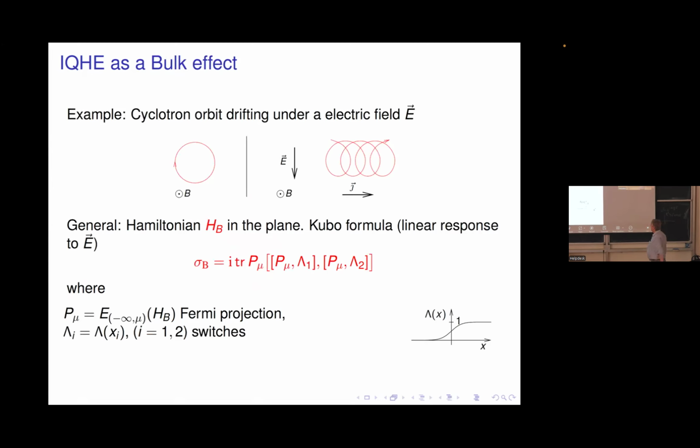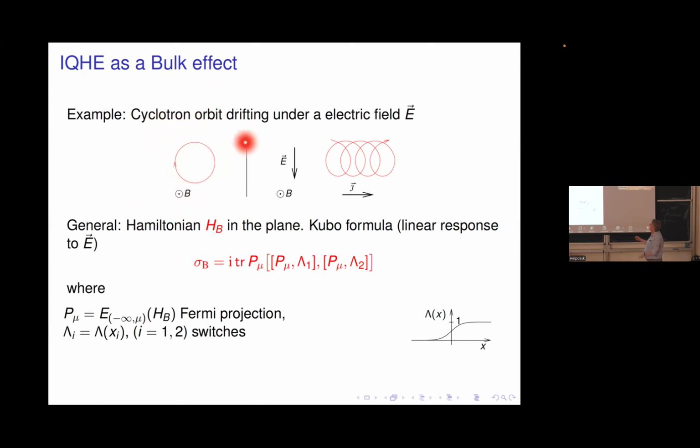And the next topic would be, so the thing has been defined, then we may wonder how and whether we can relate it to the bulk. So we also necessitate at first the definition, but let me first remind you what it was in intuitive terms. If you have no electric field, then at least in some model, electrons classically run on a circle and they don't move on average.